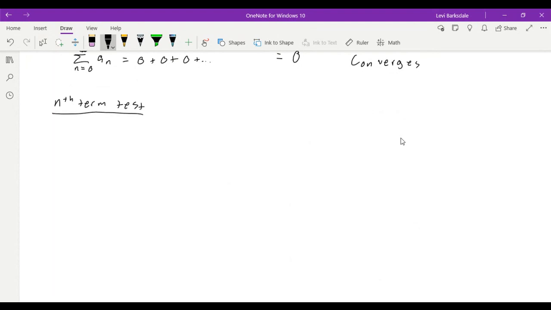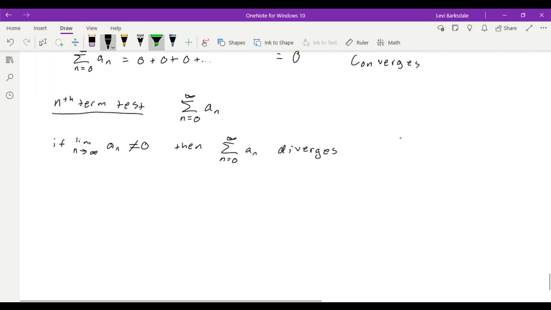Basically it says, if you have a series, n equal to 0 summed to infinity, of some sequence a sub n, if the limit as n goes to infinity of a sub n is not equal to 0, then your series diverges. Basically, if these terms, when n gets very large, aren't basically 0, then you have a problem and it's going to diverge.